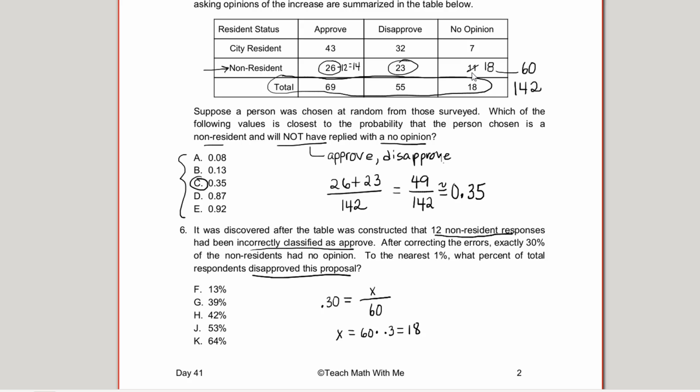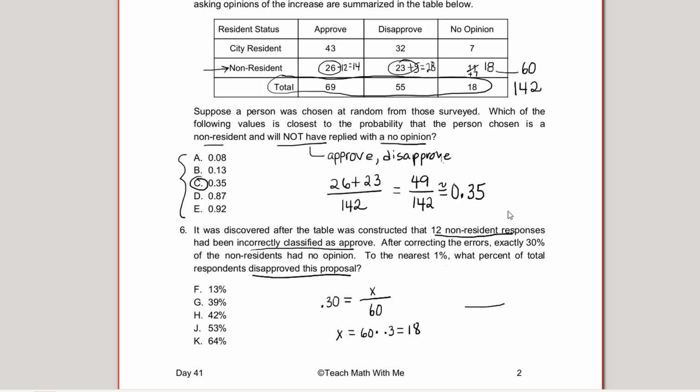To get to the 18, we took the 11 and we took 7 of those 12 that were incorrectly listed. That means we'll take 5 and move those to the disapprove. So now the disapproved list is at 28. Why we have to do all of that is because our overall question is asking what percent of total respondents.